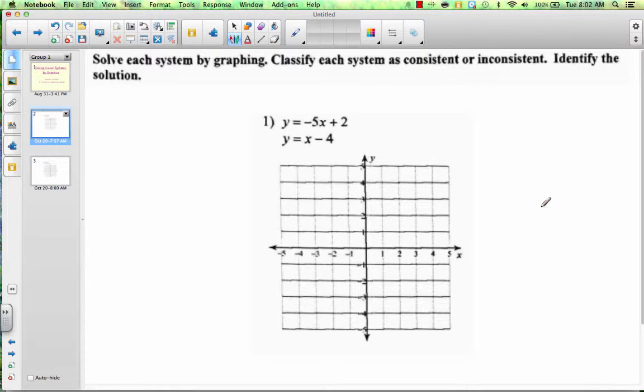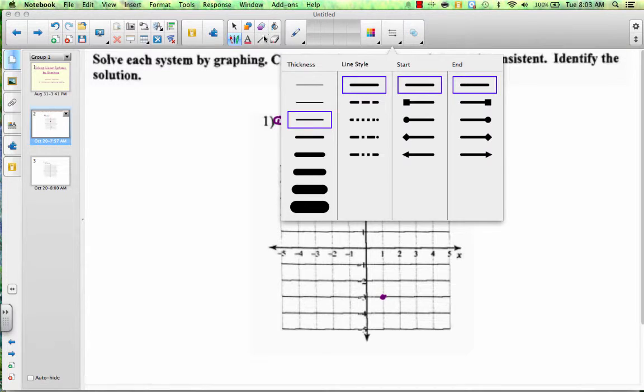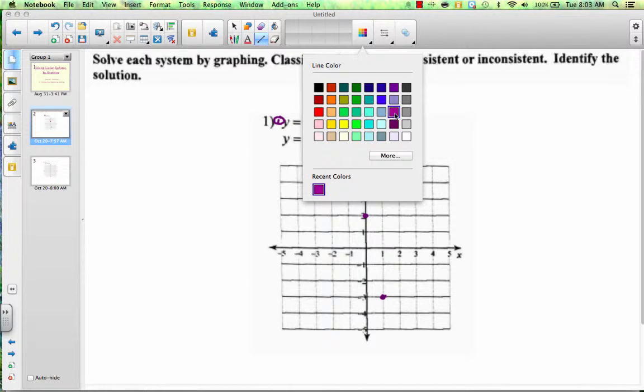Okay, and I'm going to graph the first equation in purple. So I'm going to start with my y-intercept, which is 2, and put my point there. And then I'm going to use my slope, negative 5. So down 5, 1, 2, 3, 4, 5, and over 1. And now I have a line here. So let's go ahead and draw a line through that. I'm going to get my line tool out.